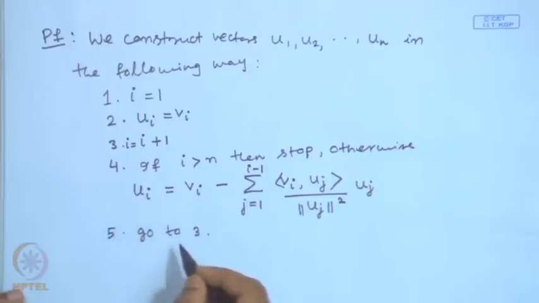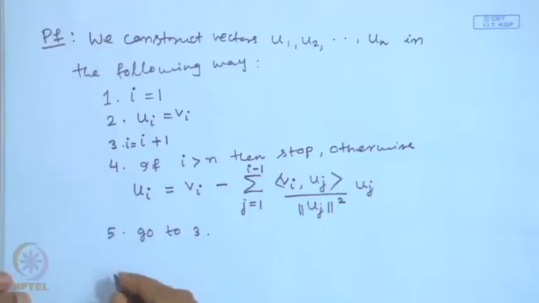So, to prove this set u1, u2 to un is an orthogonal set, first notice that these ui's are not 0.